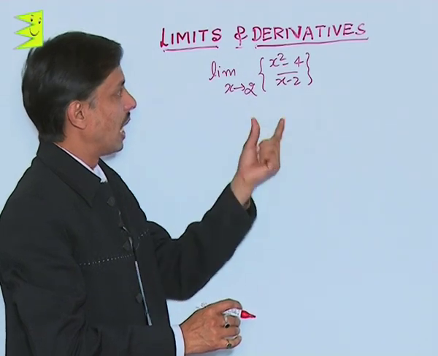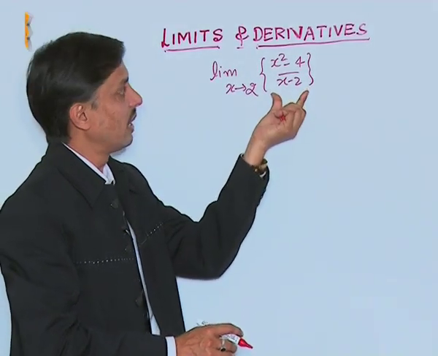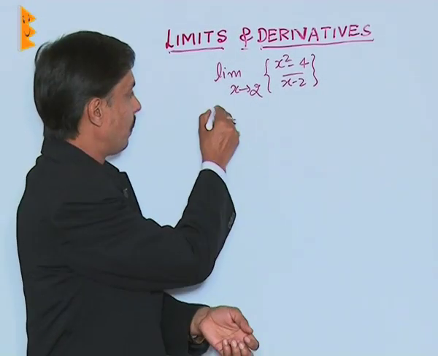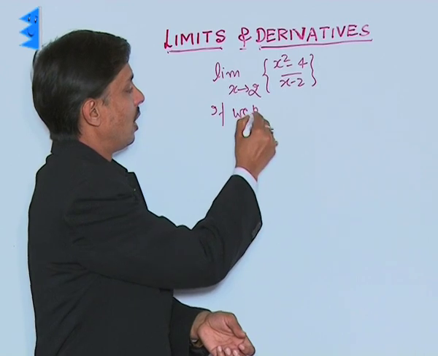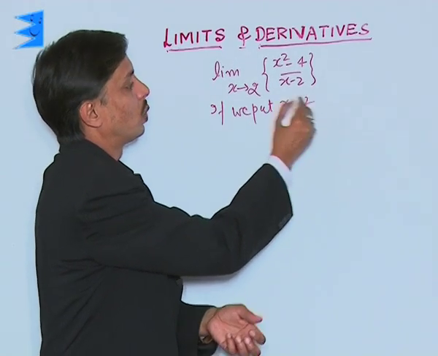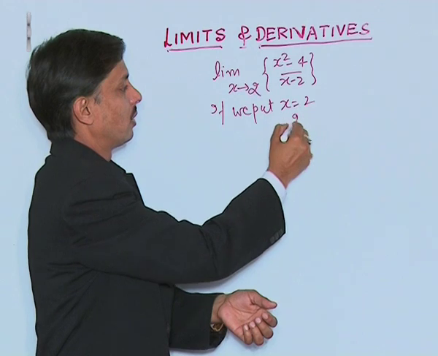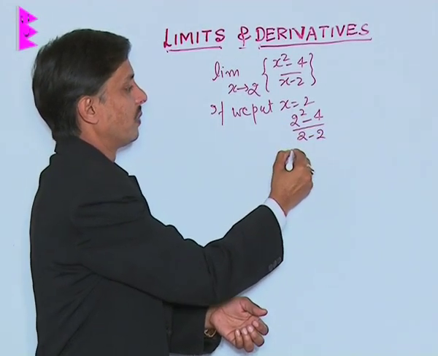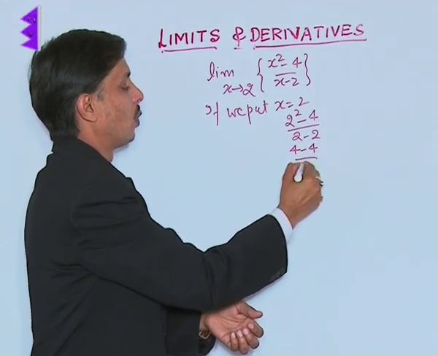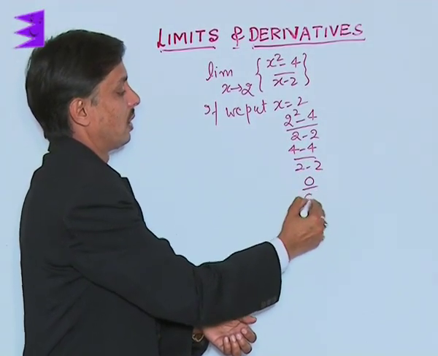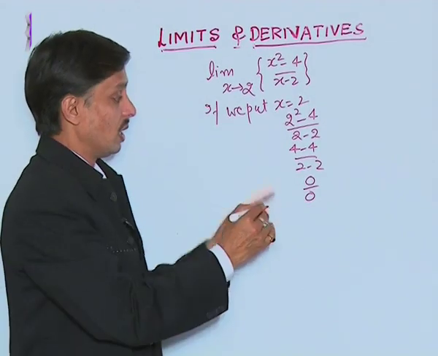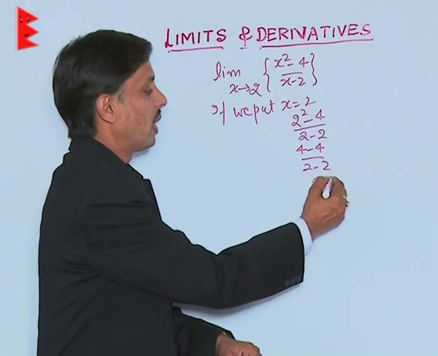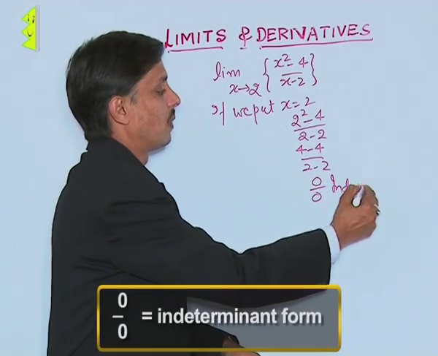means the value of this rational expression not at 2, because if we put x equals 2 here, we will get 2 square minus 4 upon 2 minus 2, that is 4 minus 4 upon 2 minus 2, that is 0 upon 0. 0 upon 0 and infinity upon infinity are known as indeterminate form.